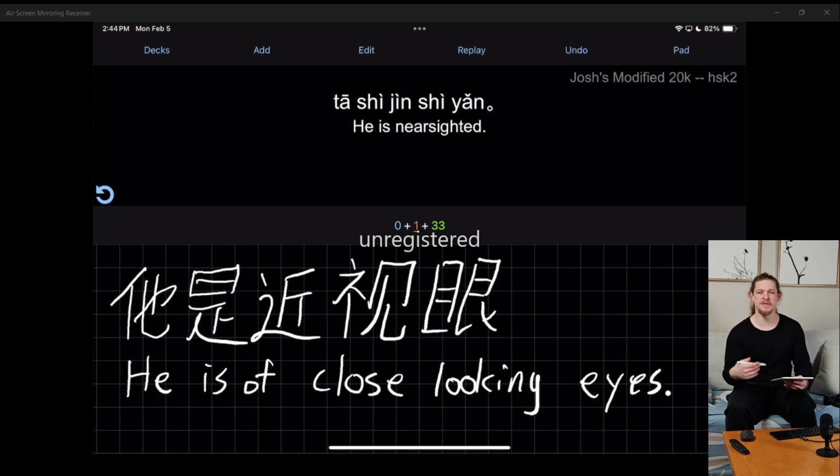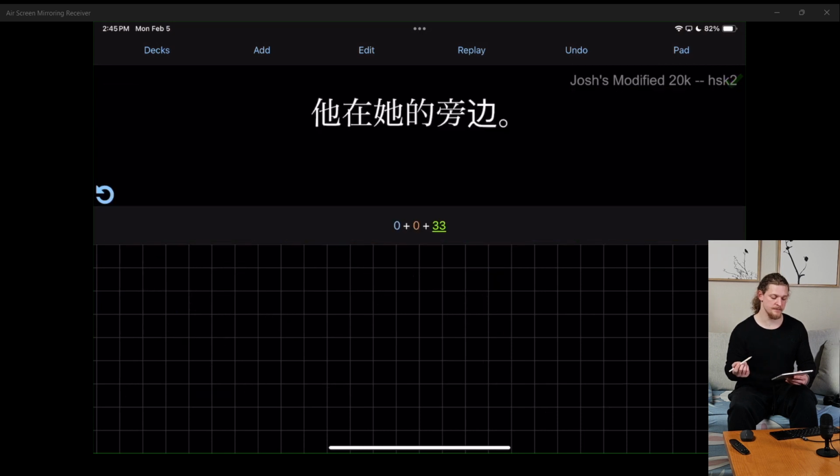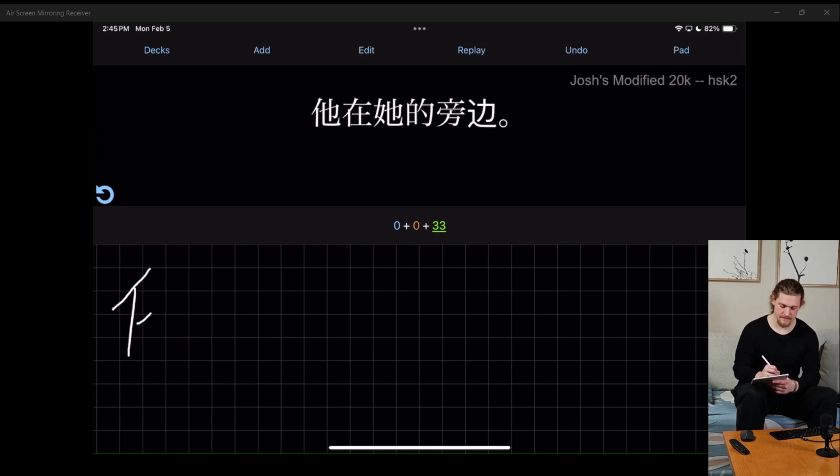So he is a person of close-looking eyes, but to mean he is nearsighted. 他是近视眼。他在他的旁边。他在 means at.